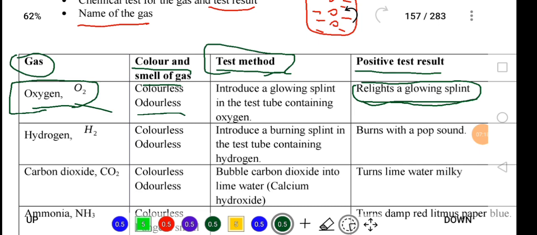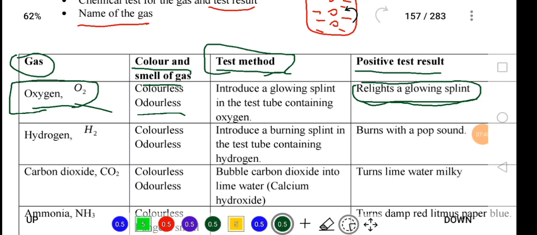So if oxygen is there in the test tube, immediately you introduce a burning splint or any glowing splint, you are going to observe that that glowing splint is going to relight, meaning the flame itself is going to increase in size.